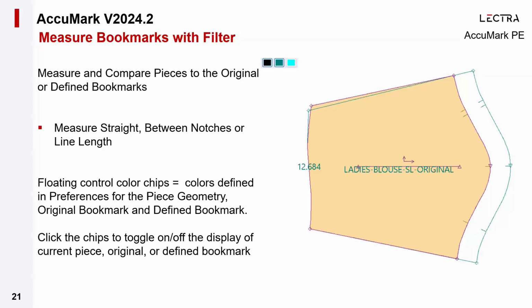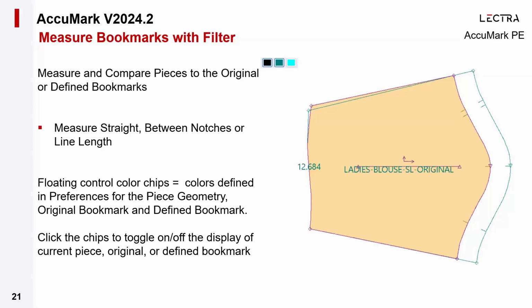Okay, so just as a reminder for those of you who may not have been working with the ability to measure bookmarks, measuring bookmarks allows you to measure the original bookmark or the defined bookmark and compare to, for example, the original geometry. You can measure straight between notches, measure the line length, and now you have the ability to see these floating color chips, and the colors defined there are the colors you see here on my screen.